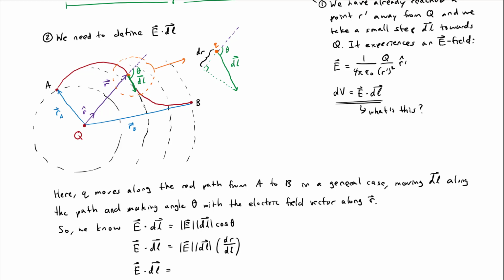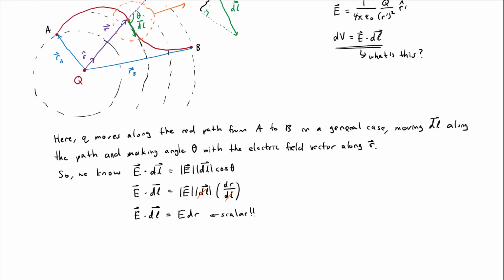The dl's cancel each other out in this case. And we have E dr, which is a scalar quantity. So the last thing we want is to say we have a point r prime away. So we have to say that our E dl is going to be equal to E dr prime.